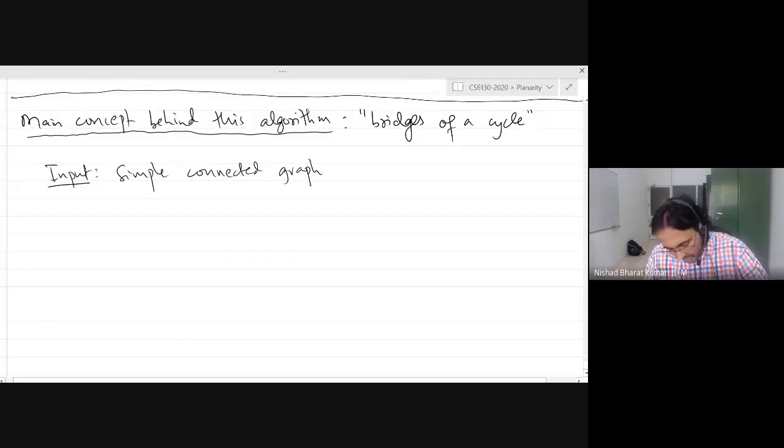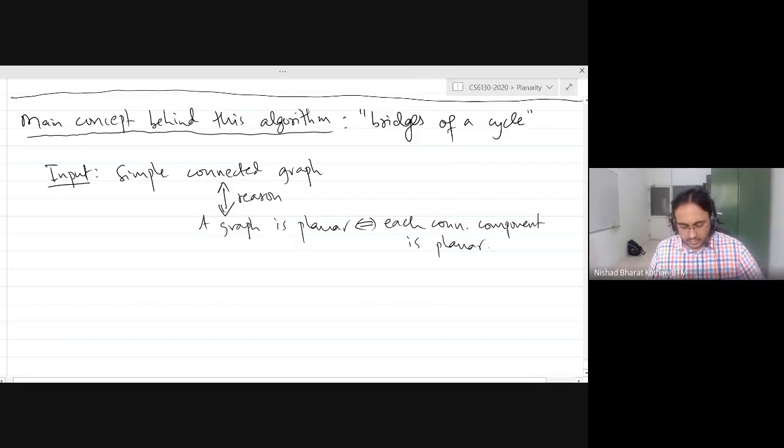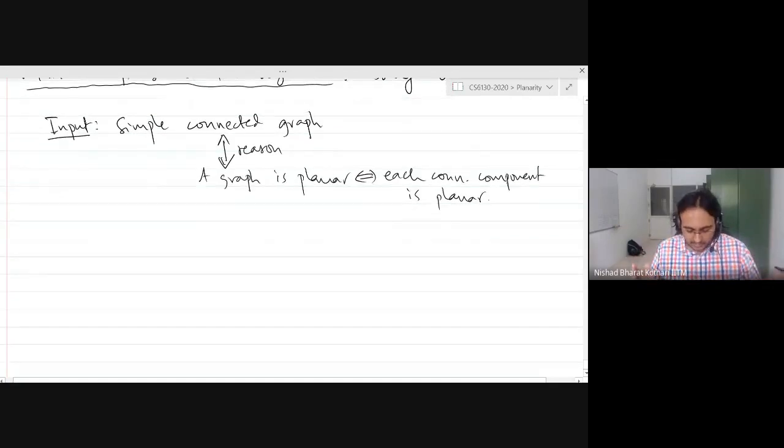So the reason, to put it slightly differently, is a graph is planar if and only if each connected component is planar. Does everybody see this, or does this need any explanation? If any component is non-planar, then the whole graph is non-planar.